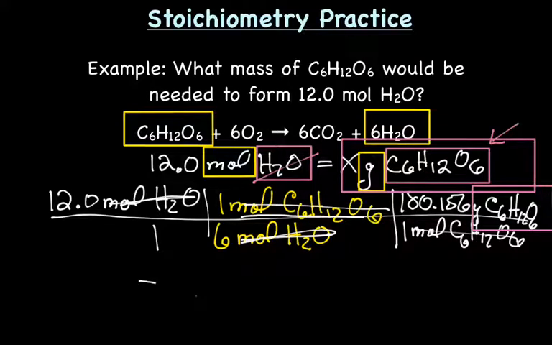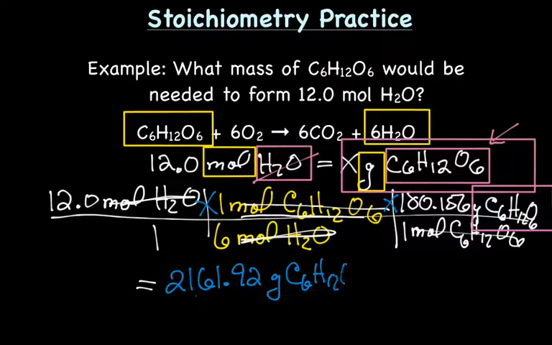All right, so multiplying across the top, we have 12 times 1 times 180.16 grams C6H12O6. And that gave me 2161.92 grams C6H12O6. Multiplying across the bottom, we have 1 times 6 times 1, giving us 6.